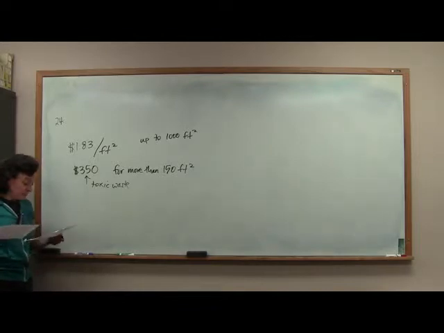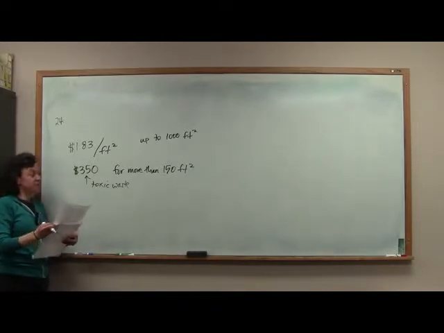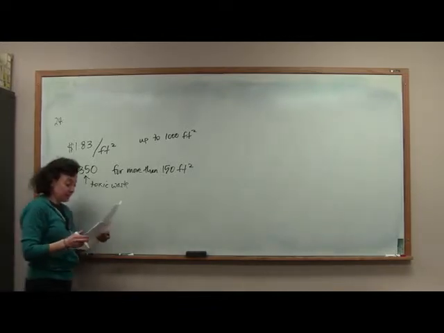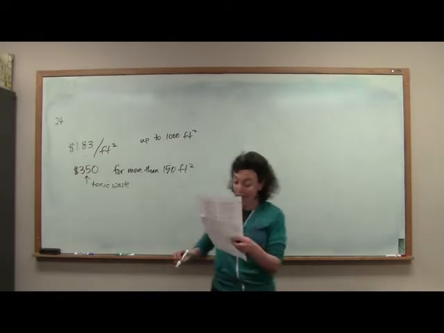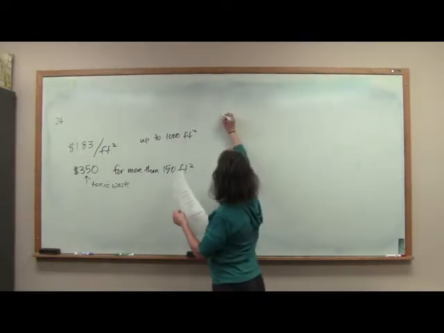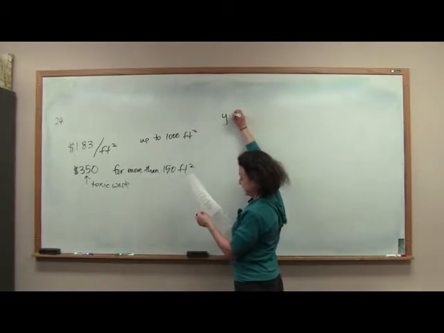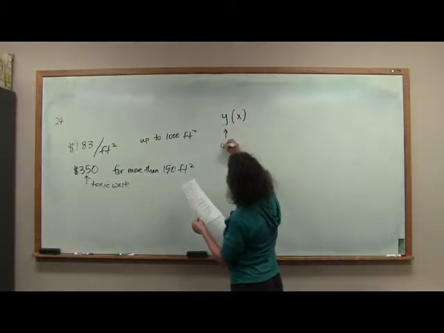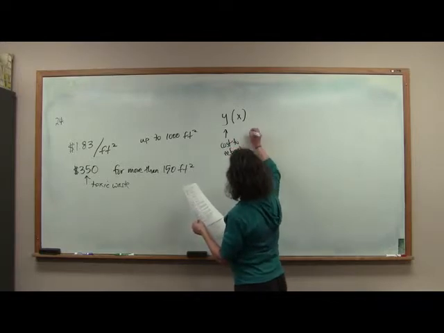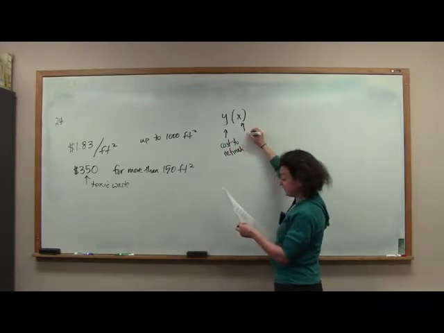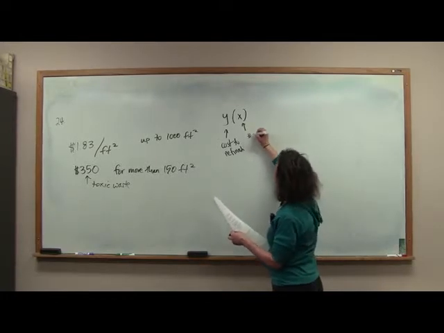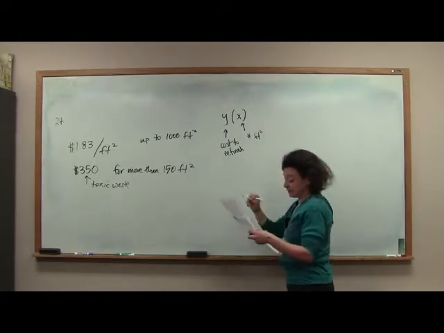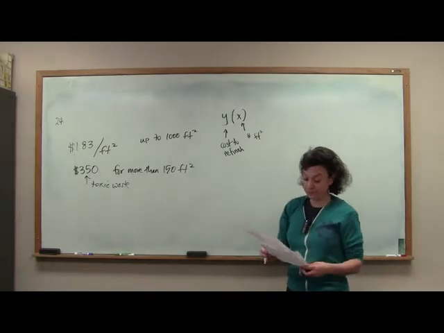Okay? So what we want to do is express y, which is the cost, as a function of x. So y is the cost to refinish as a function of x, which is the number of square feet that is to be refinished.